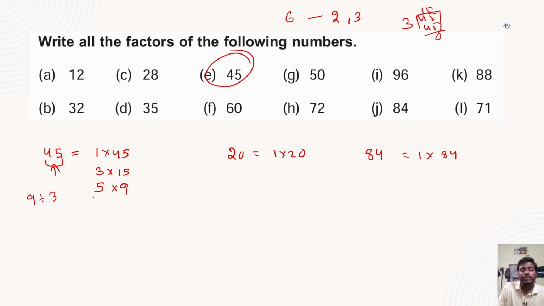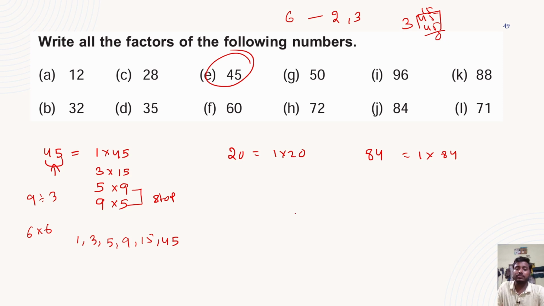Next, the digit is 7, then 8, then 9. Directly divisible by 9, 9 into 5. If the same steps are repeated, sorry, if the factors become equal, then we stop. Okay, now write down the factors. That is 1, 3 and 5, then 9, 15, 45.